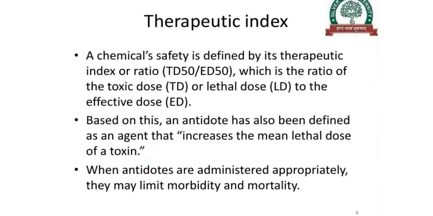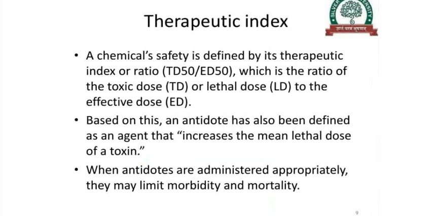Based on this, an antidote has also been defined as an agent that increases the mean lethal dose of a toxin. We already know that for a substance to behave as a poison, the dose is very important. If the dose of the drug is high, there is a minimum chance that it will act as a poison.